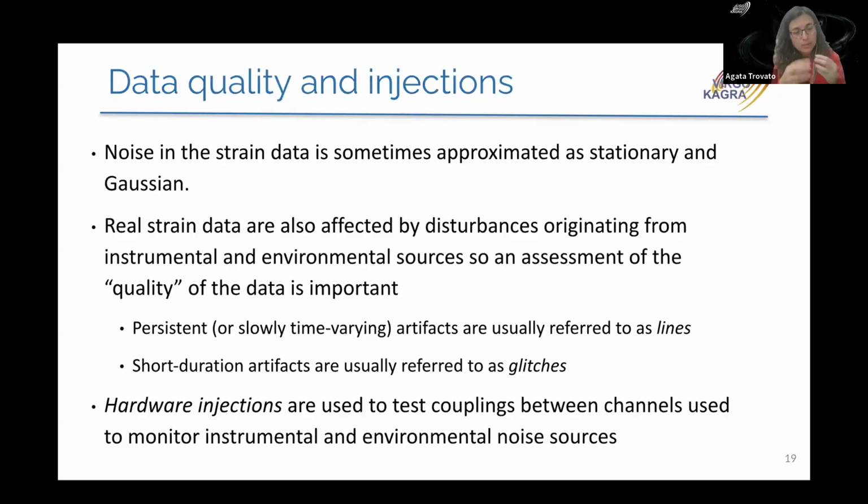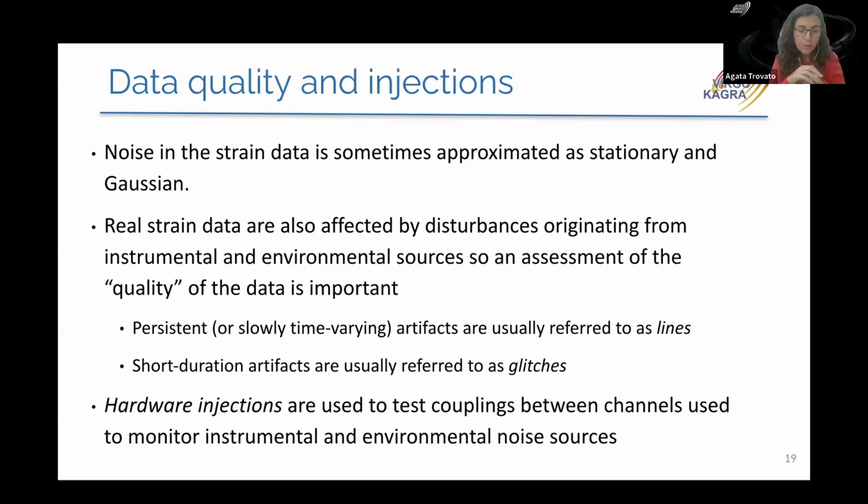Another important concept to understand our data is the hardware injection, which I have already basically mentioned. As I said, in some cases, if we have to understand the detector, we use a photon calibrator to move the mirrors and mimic the signal of a gravitational wave. This is done for many reasons.